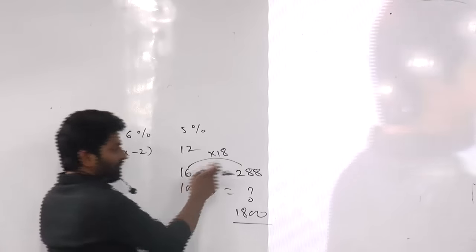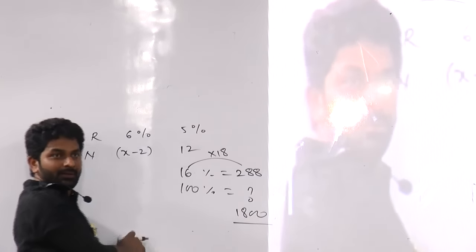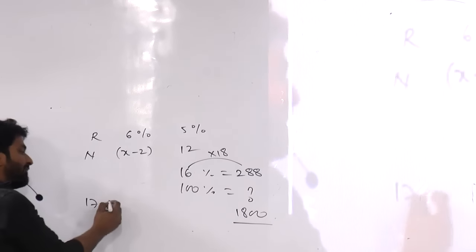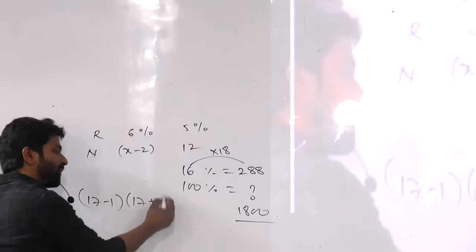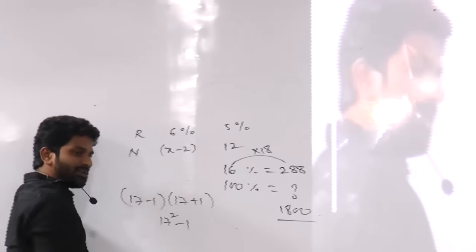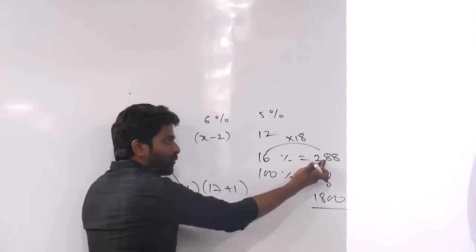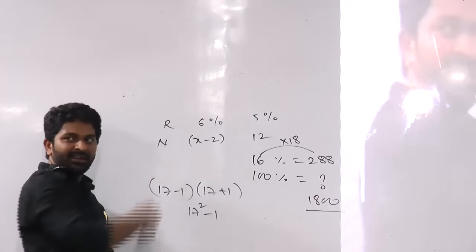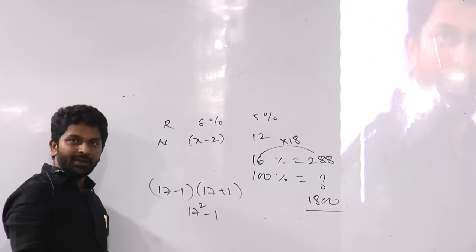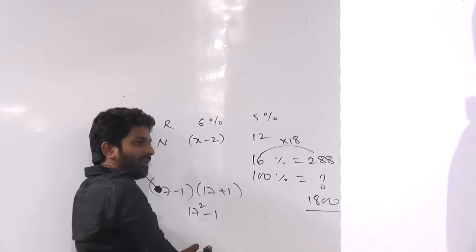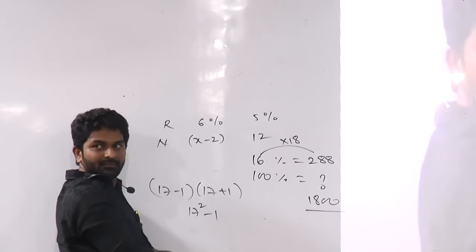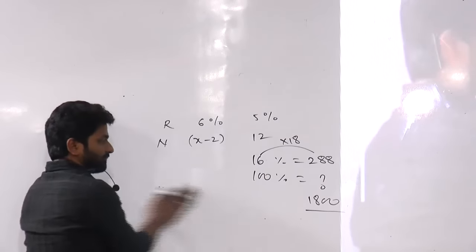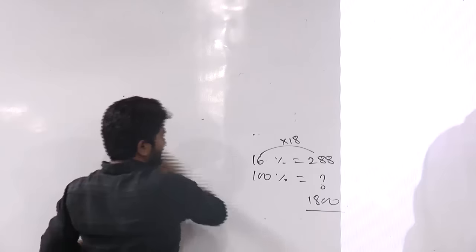You understand what I want to convey here? 17 minus 1 into 17 plus 1 will be equal to 17 square minus 1. This is 289 minus 1. So those numbers are 16 and then 18. Right? So if it is 16, the other one is 18. Very clear. Okay? But you should get that idea. Getting the idea is important.